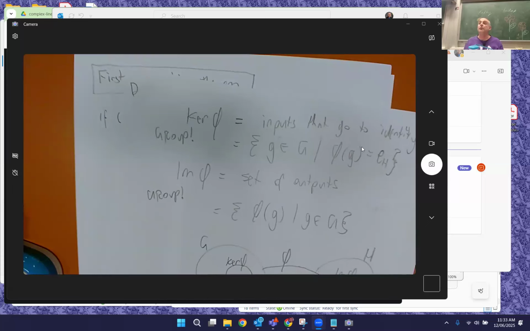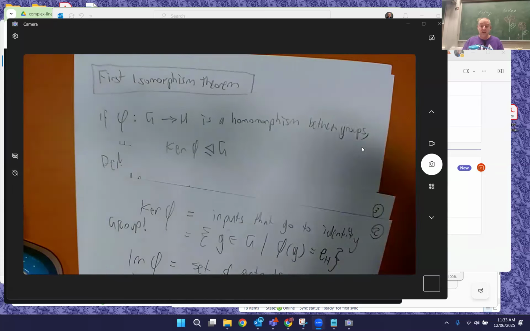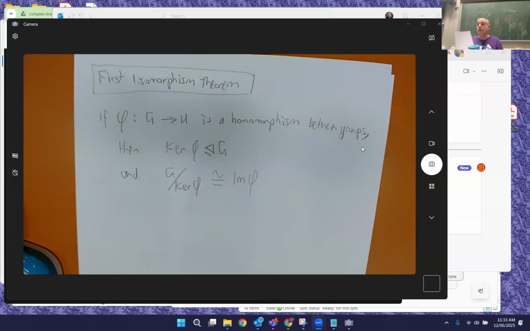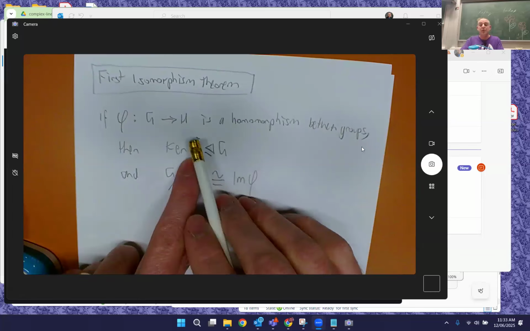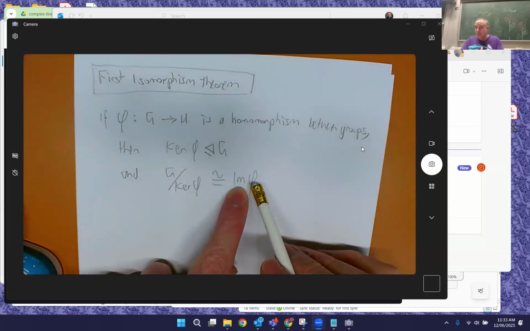So that is interesting, because we wouldn't be able to write this statement unless that was true. So we've got a bonus extra theorem here, which implies that these two things must be groups. I mean, the kernel is obviously a group because it's a normal subgroup, but the image is also a group.